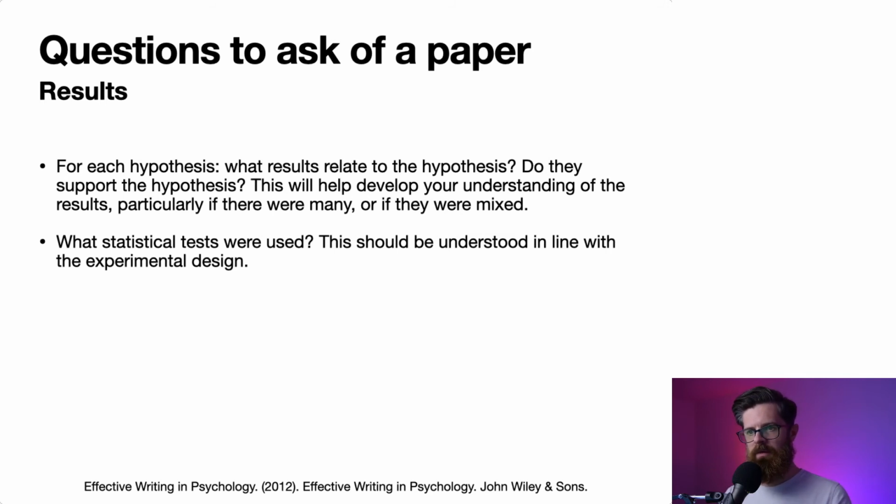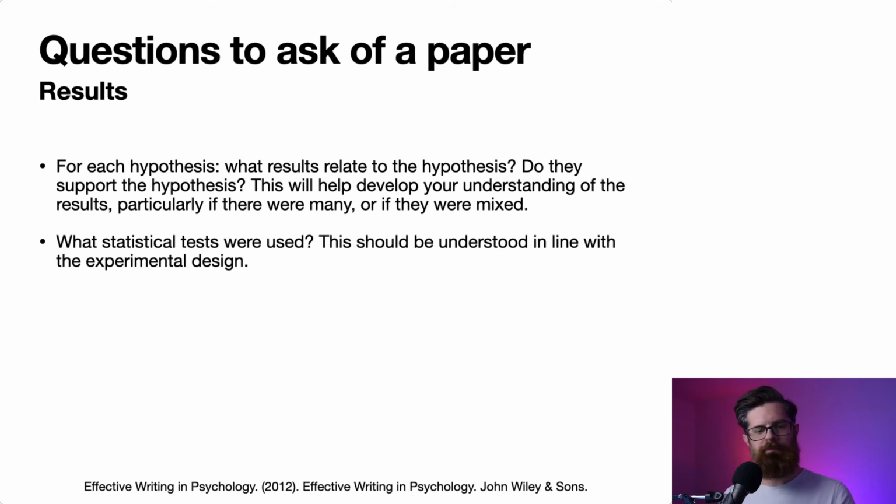This is something that will come with time. If you're new to psychology, then I think it's really important to reiterate that the analysis approach that people use in a study is clearly influenced by, and should clearly relate to, the experimental design that they used.